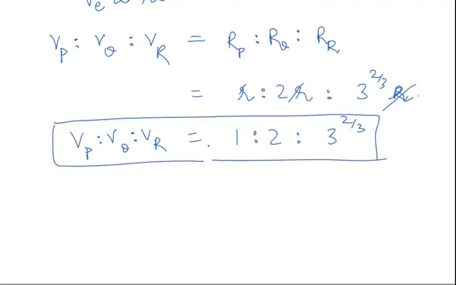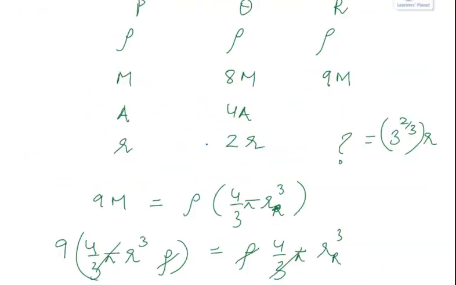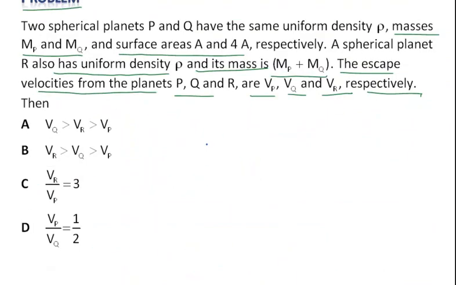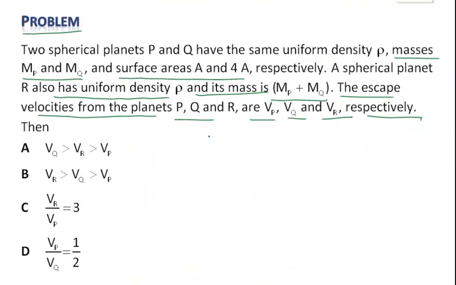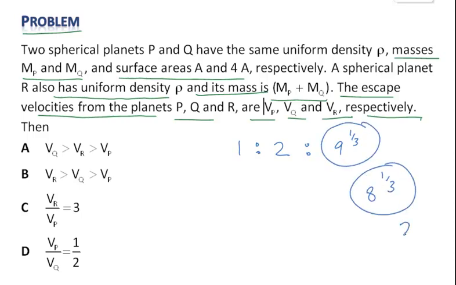Now we will look at the options that are given. Now the ratio of VP, VQ and VR is 1 is to 2 is to 9 cube root. Now this value is more than 8 cube root and this is 2.